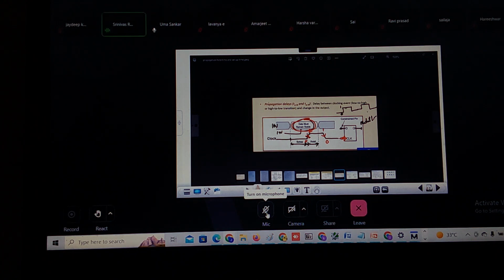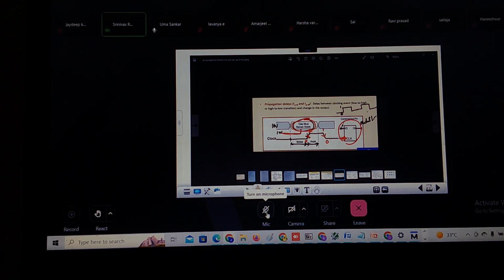So there are some techniques. Suppose a setup violation has happened. Suppose you are using some flip-flops and setup violation happens. If someone tells you there is a setup violation in this circuit, in this flip-flop, what does it mean?